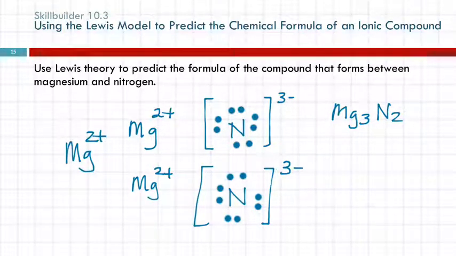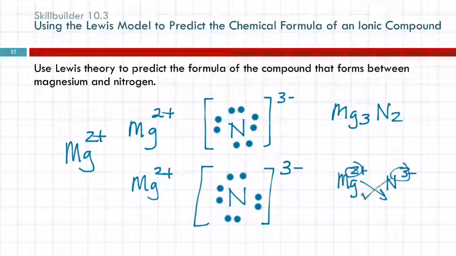What we learned before is by position on the periodic table that magnesium forms a 2 plus ion and nitrogen forms a 3 minus. And then we did that crisscross thing to avoid doing math. And we ended up with Mg3N2. Well, it turns out this is really just kind of a trick. This is what's actually going on.